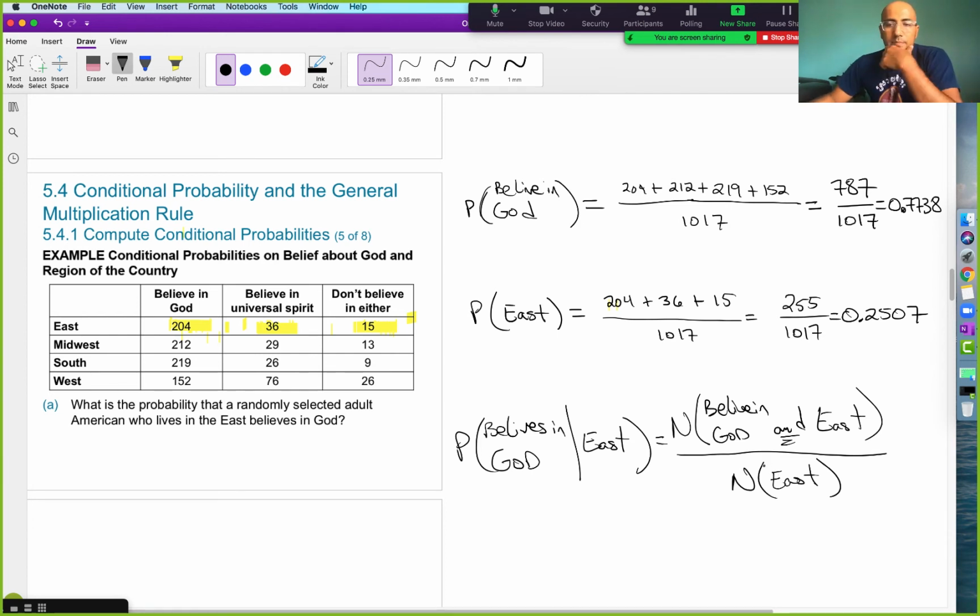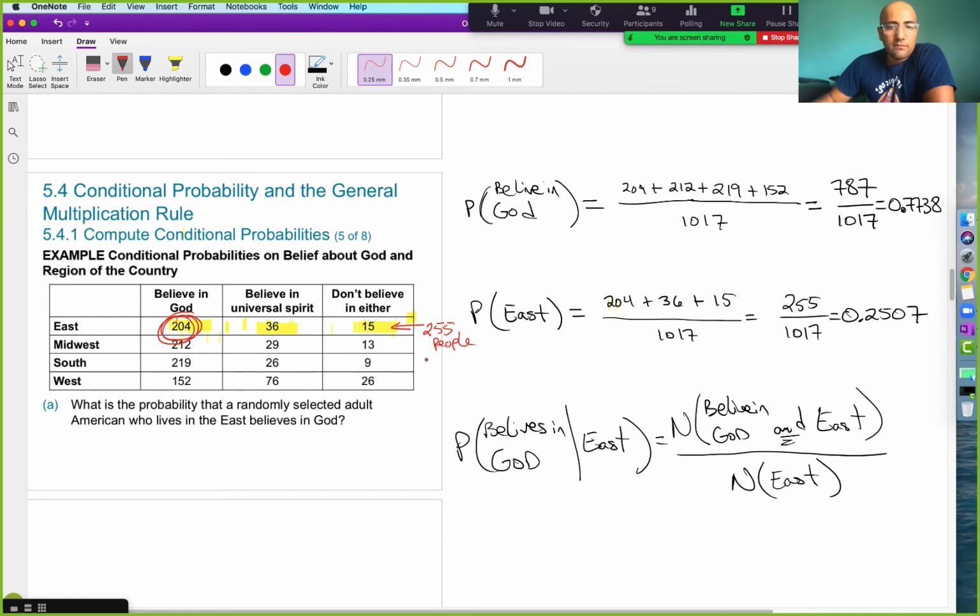So, how many people believe in God and live in the East? We come up here and note that these people right here live in the East and believe in God. 204 of them believe in God and live in the East. Now, because we're guaranteed it's going to be someone that lives in the East, it's going to be one of these people. This sum right here is 255.